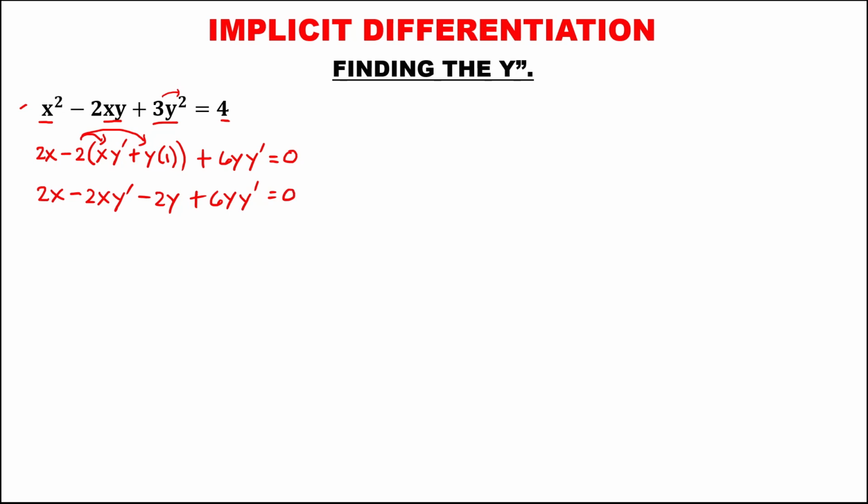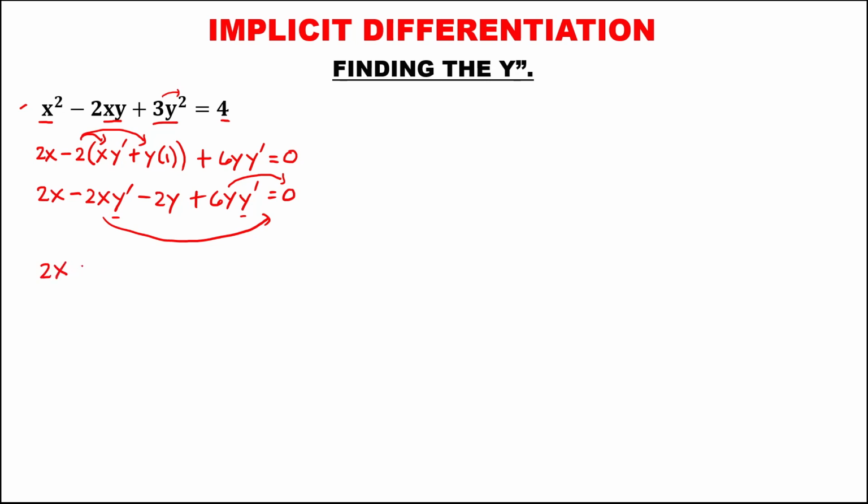Then to solve for the first derivative, or to solve for y prime, we need to group all terms with y prime on the other side. So we can transpose this negative 2x times y prime to the other side and this 6y times y prime to this side.